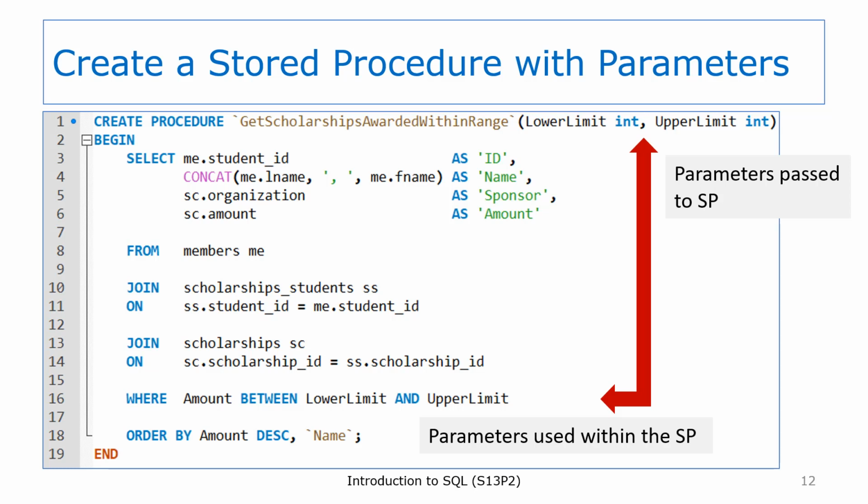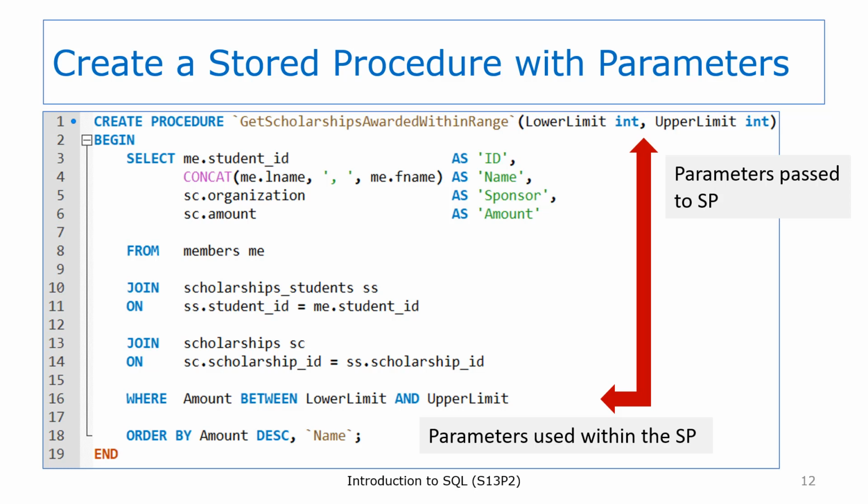Based on the name of the stored procedure, you can figure out what the parameters are used for based on their names. Note how the parameters are defined for a stored procedure. The parameter name is first, followed by the parameter's data type. You see the lower limit and upper limit parameters used later in the select statement in the where clause. When the stored procedure is invoked, the values passed to the two parameters are used in the where clause.